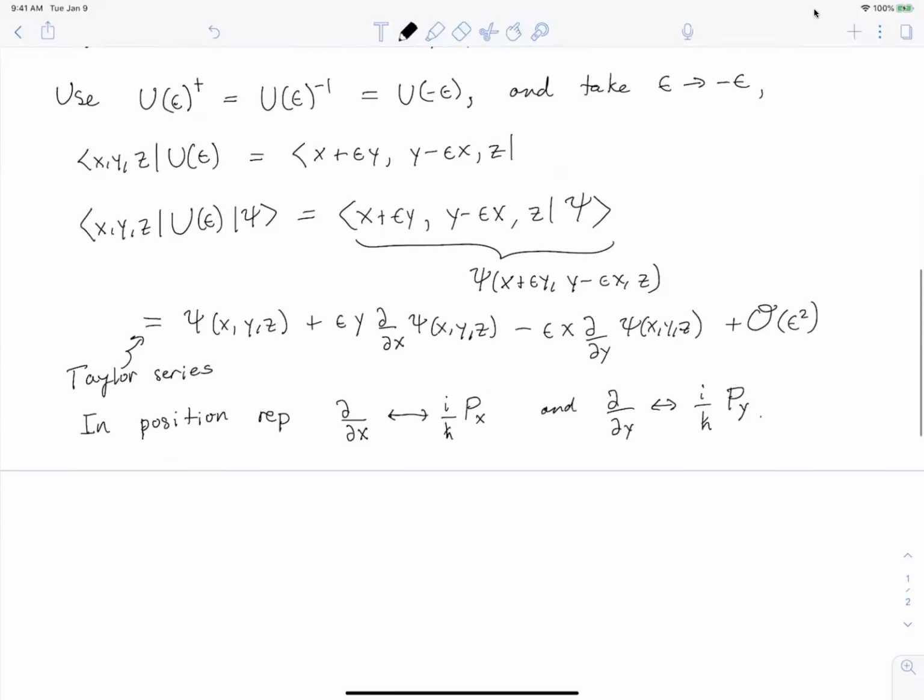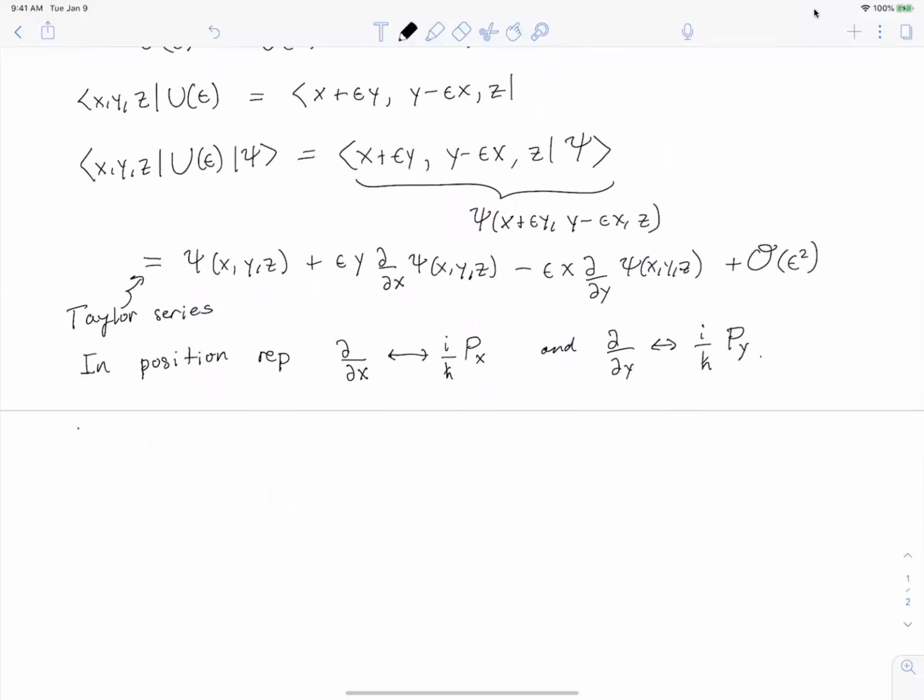Okay, and so what have we learned? We've learned that the matrix element xyz, U of epsilon, times an arbitrary state ket psi, is equal to xyz times the identity operator minus i epsilon over h bar, I'm pulling out the constant factors. Then there is a factor of x here times what becomes a p sub y.